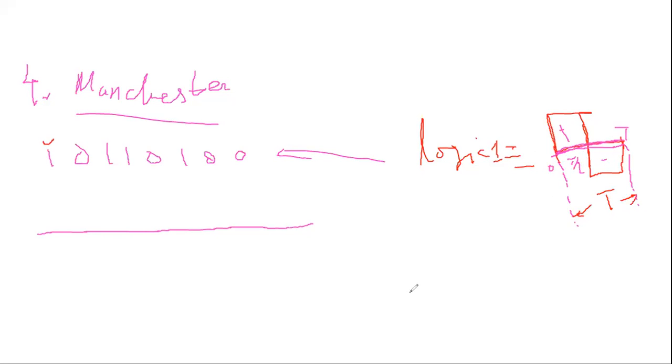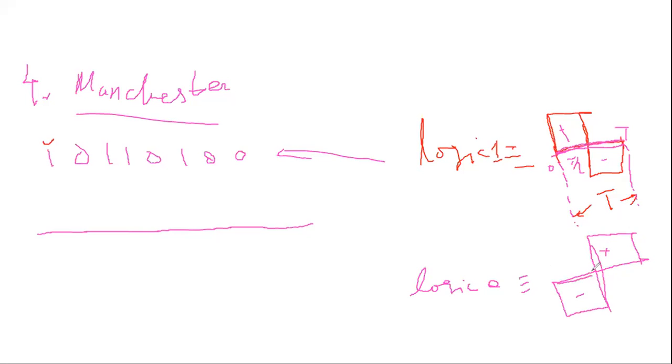This is for logic 1, and for logic 0 it is the reverse. The first part will be negative and the second part will be positive. This is logic 0. First negative, then it is positive. Okay, so this is the way.